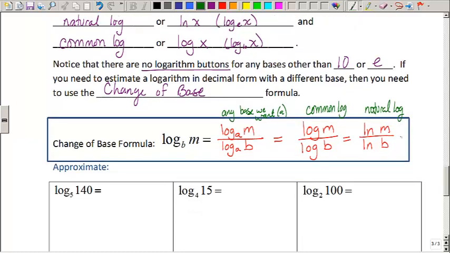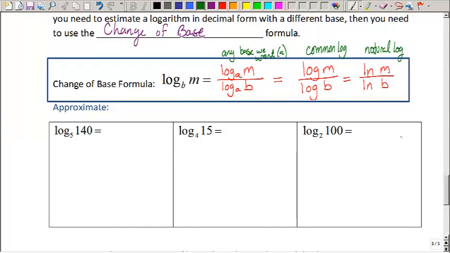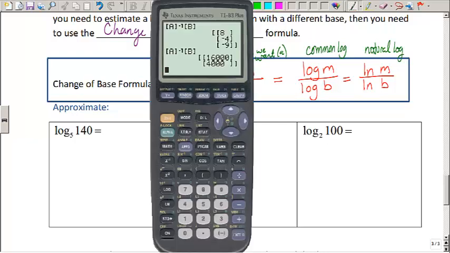So we have three examples for you here, and I want you to estimate log base 5 of 140, log base 4 of 15, and log base 2 of 100 in your calculator. So we know our calculators are not programmed to calculate base 5 logarithms.